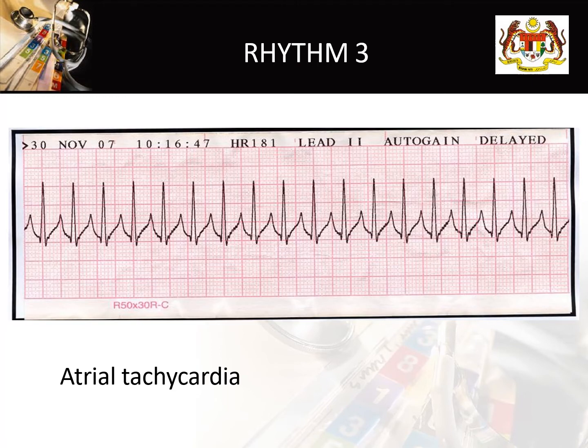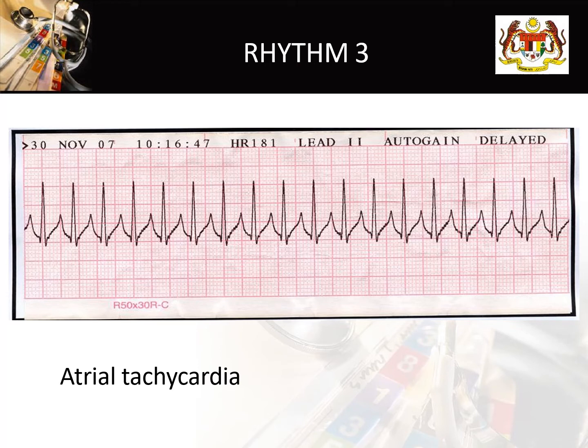Okay, next is atrial tachycardia or supraventricular tachycardia. This ECG is also very important when a patient presents to you with palpitation. Usually the patient presents with palpitation, sometimes giddiness, then sweating. When we see this ECG, we call it atrial tachycardia or supraventricular tachycardia.